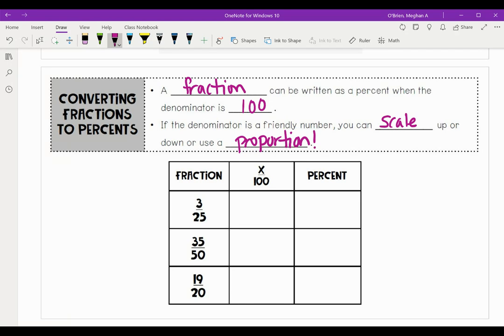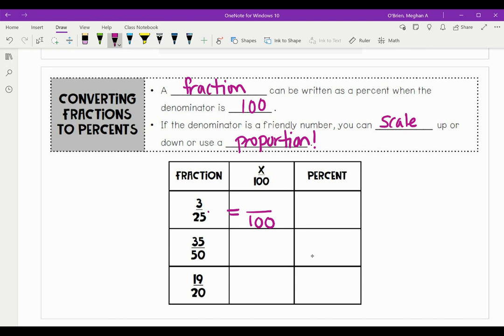So take a look at this chart with me. If the fraction is 3/25, and I want to know what percent that is, I'm going to use a proportion to help me figure that out. Okay, so 3/25, and I want to scale it up to something out of 100, because that will tell me what percent it is. I'm thinking to myself, 25 times what is 100?